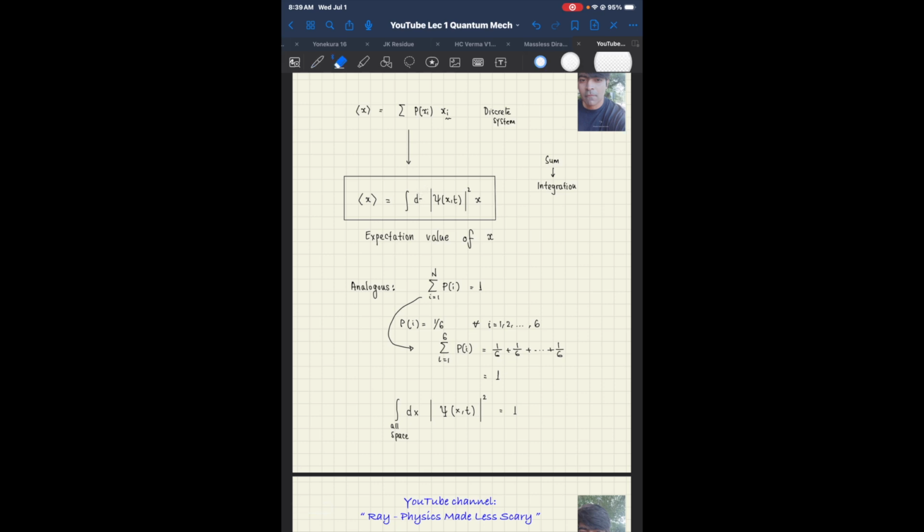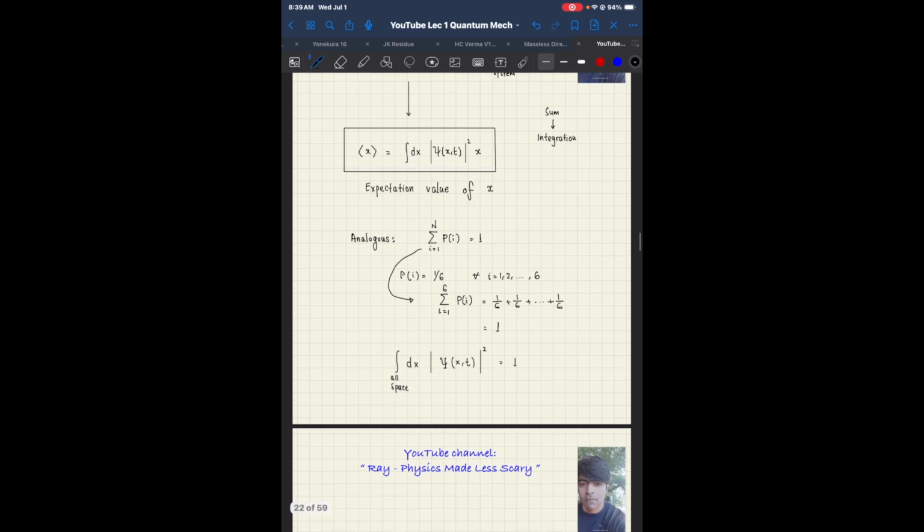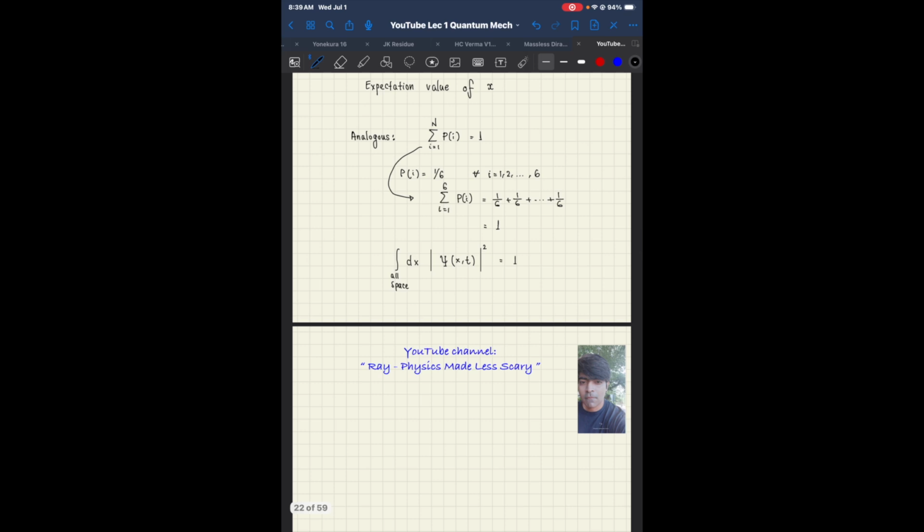Yeah, this variable should definitely be x. My mistake. The left hand side actually gives you a function of t. So this is the analogous equation in quantum mechanics: the integral over all space of the square of the amplitude gives you 1, exactly as in this equation.